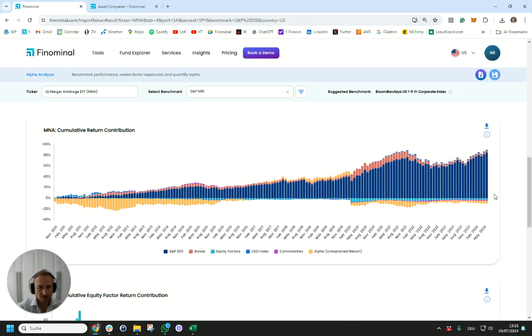And it might be that this explains that effective positive beta to the stock market. But what we should be seeing here is that the major contributor of the strategy is unexplained, or alpha, i.e. the yellow bars, and not the stock market. And this, of course, indicates that this product does not offer any diversification benefits.